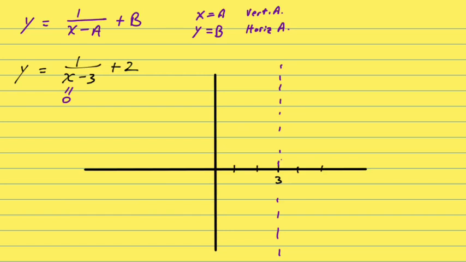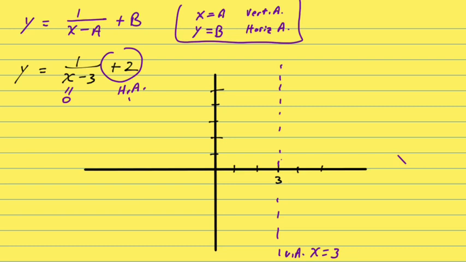Did I say that you had a vertical asymptote at x equals a, in this case 3? I think that's what I'm stating up here. You have a horizontal asymptote at usually whatever this last number is at the end. So your horizontal asymptote is going to be y equals 2. So I make an asymptote at y equals 2.